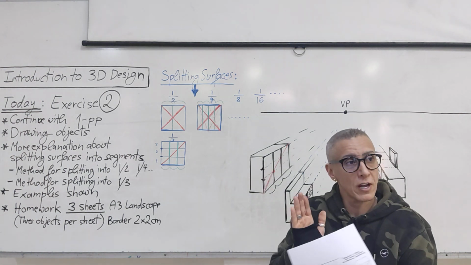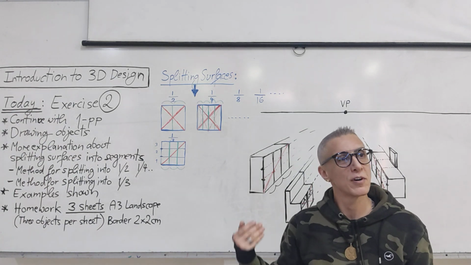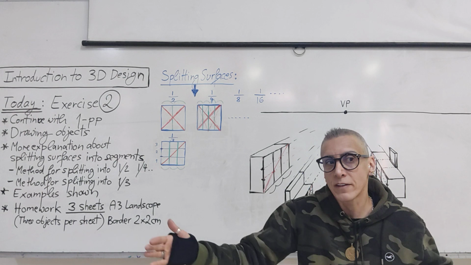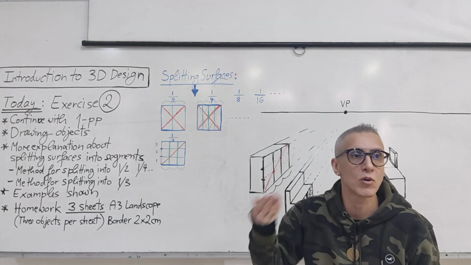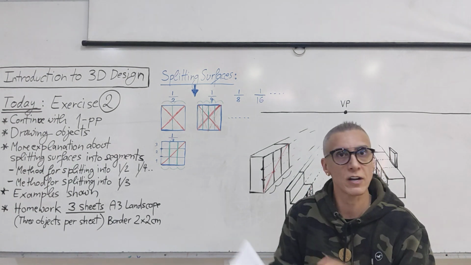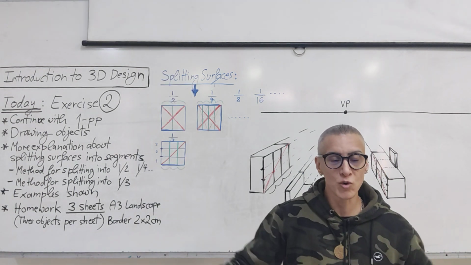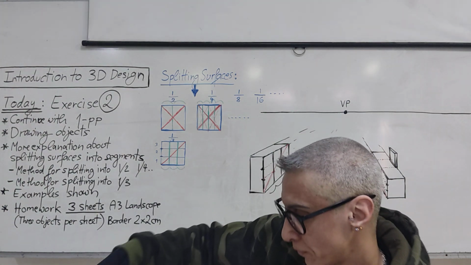Everything you draw starts with a simple object, either a cube in perspective, or a cuboid, which is a rectangular form in perspective, and then you start adding more and more details. You never start with details. You always start with the main cube or cuboid object in perspective, whatever you draw.